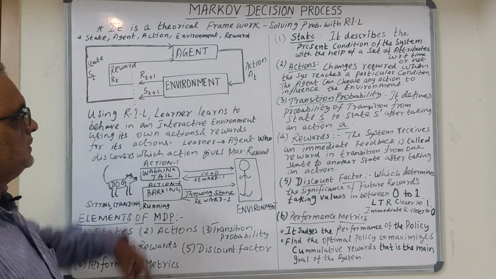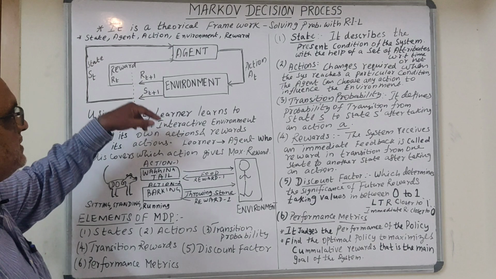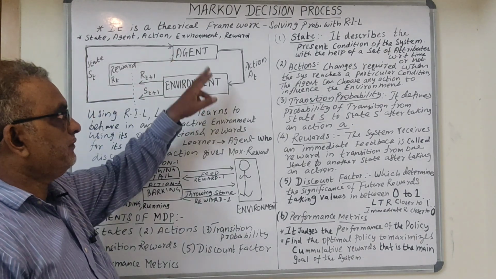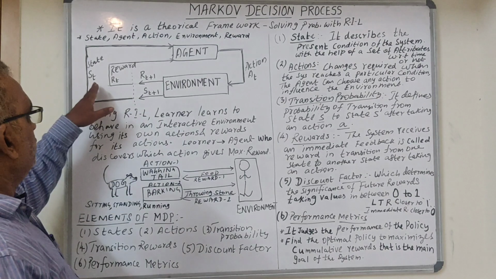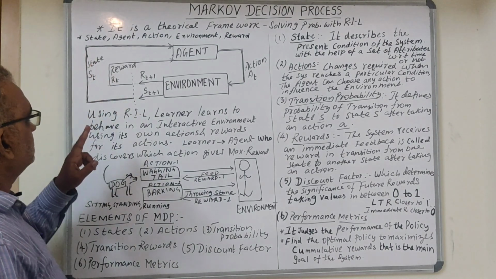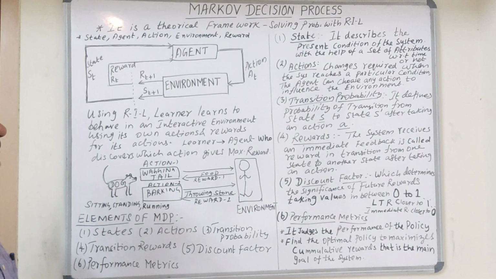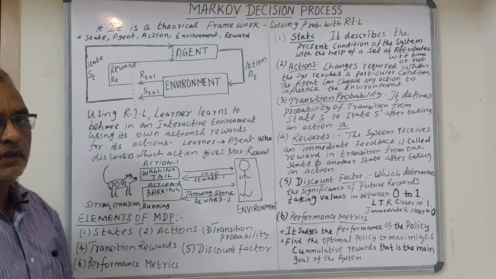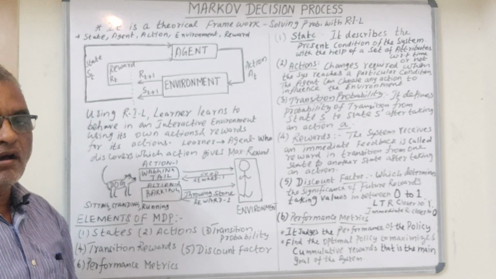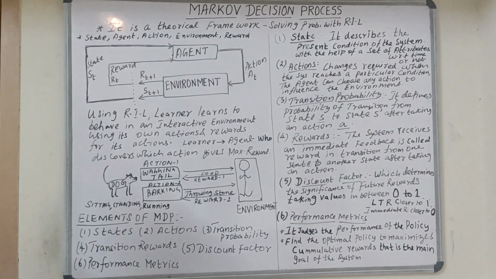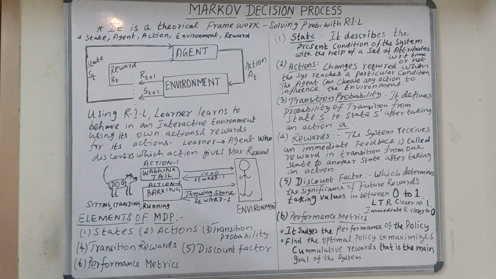So this diagram contains some of the important terms like state, agent, action, environment, reward. We have different states. State represents any present condition of the system which may depend upon time or be independent of time. It changes from one state to another state.